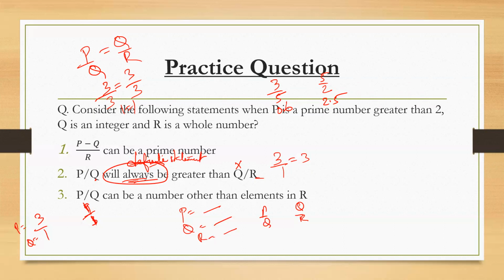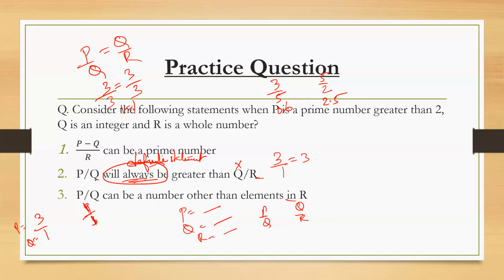Okay. Now let us see the third part. What does this mean? P by Q can be a number other than elements in R. R is whole numbers, right? Exactly the point.